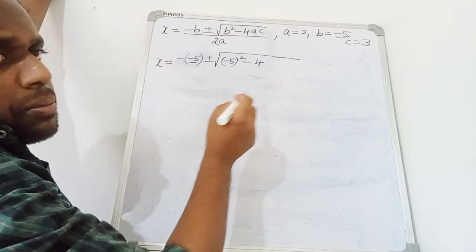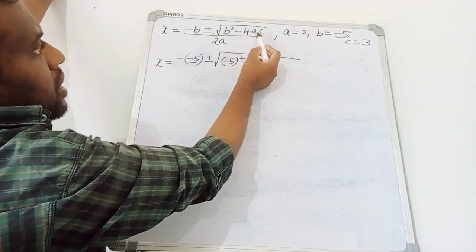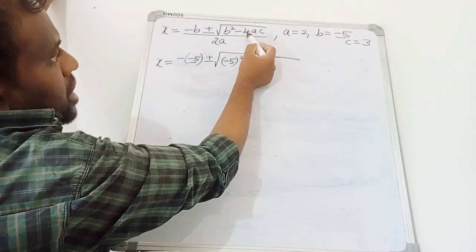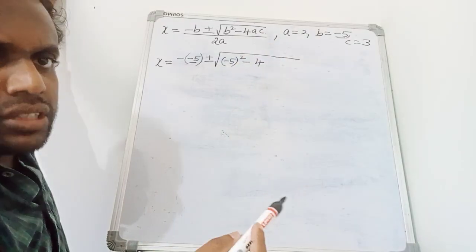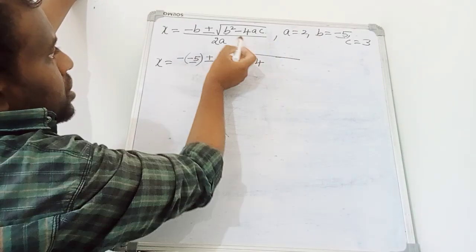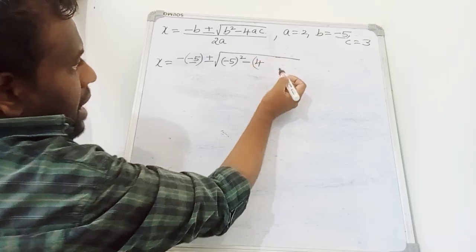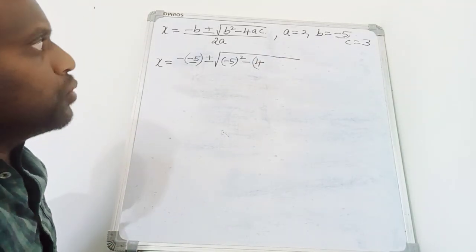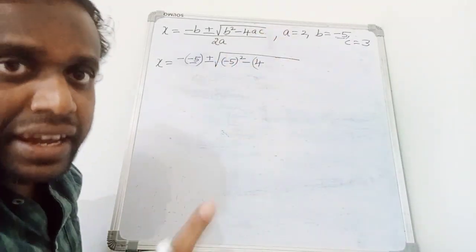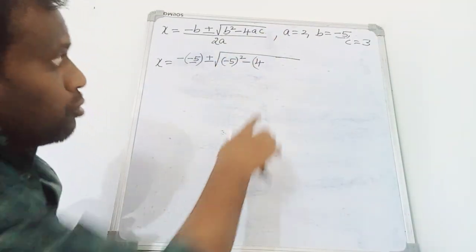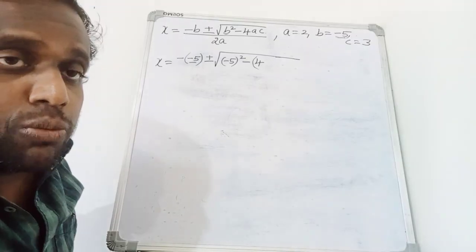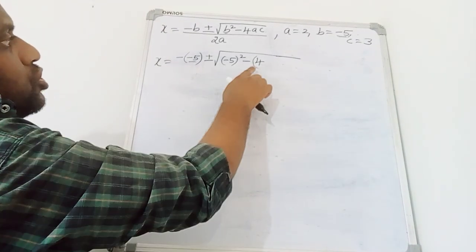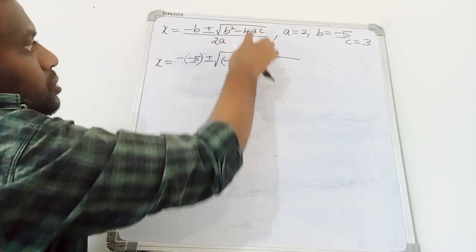Remember, because of this minus, and since 4ac means 4 into a into c, because of the multiplication and the minus sign, you put brackets. Otherwise you will sometimes get a wrong answer, especially when a and c are negative.